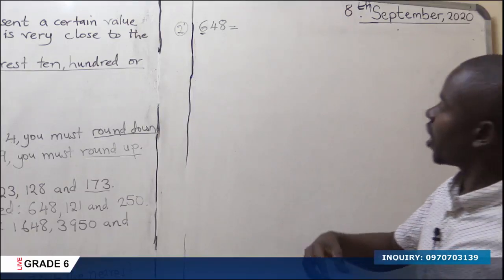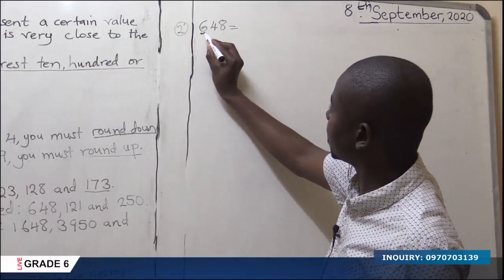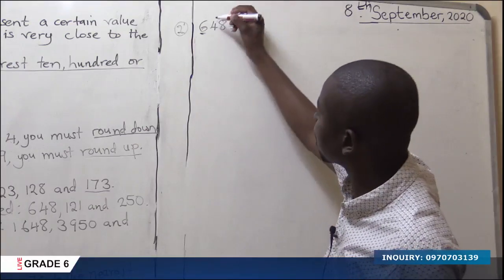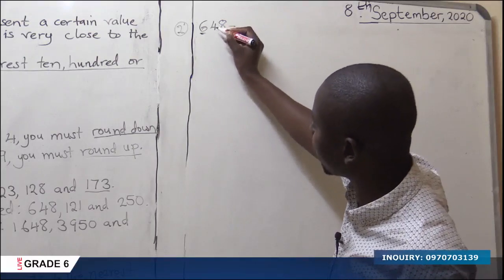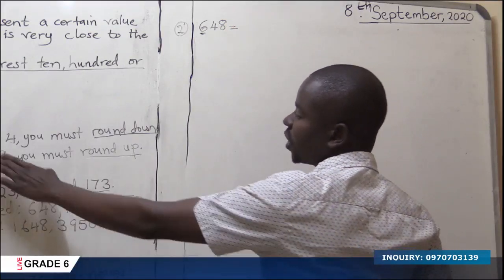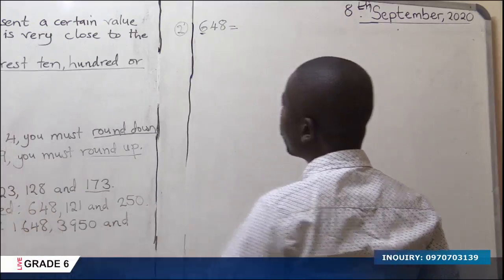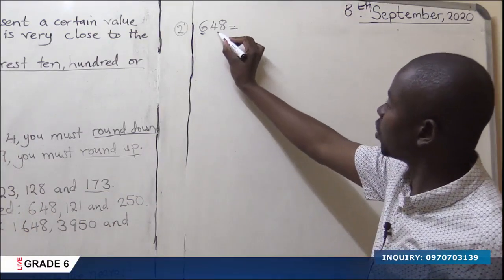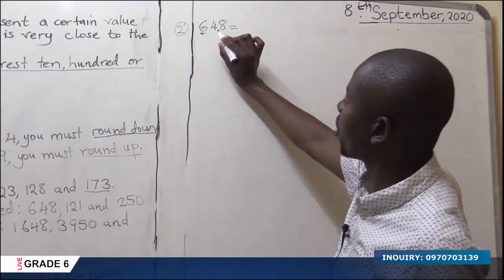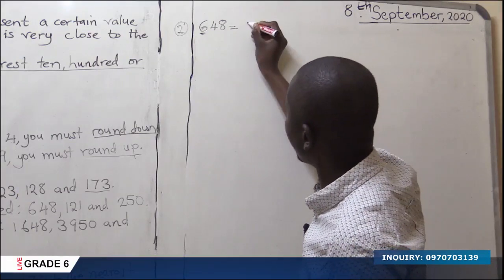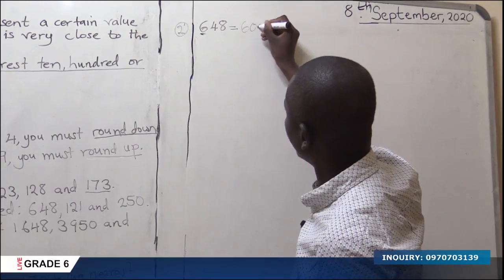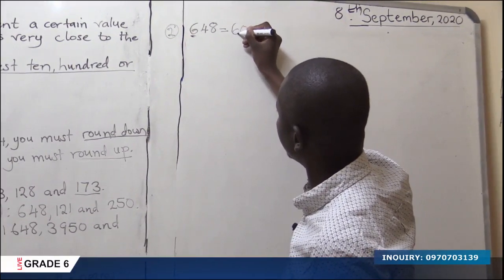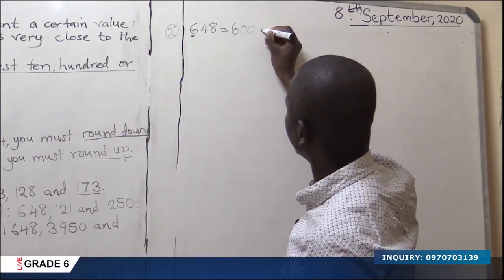Since our 6 is the one that is in the hundreds position, we check the next number. If we check, you discover that it's between 0 and 4. And I said if a number is between 0 and 4, you must round down. So our answer will be 600.